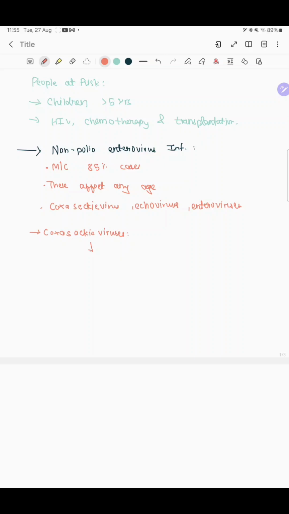There are two types, type A and type B. The clinical manifestations which are seen include aseptic meningitis, which is caused by type B. Then it is herpangina.